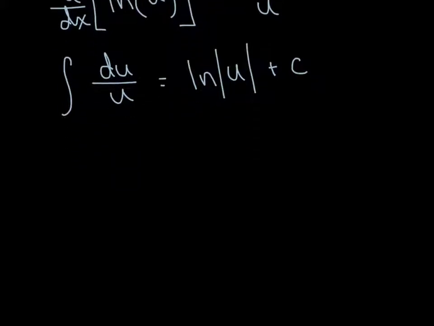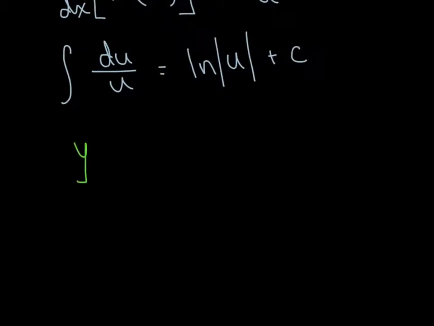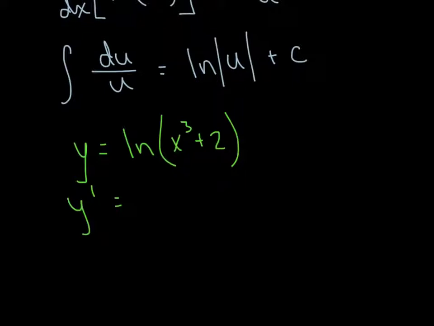So maybe they gave you the function, the natural log of x cubed plus 2. And we said, well, its derivative is going to be 3x squared divided by x cubed plus 2.